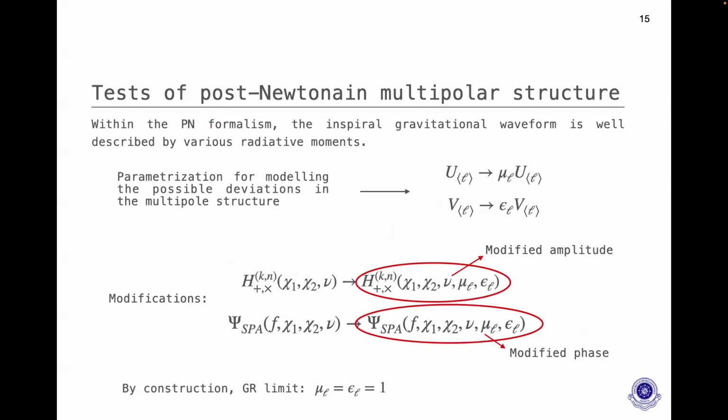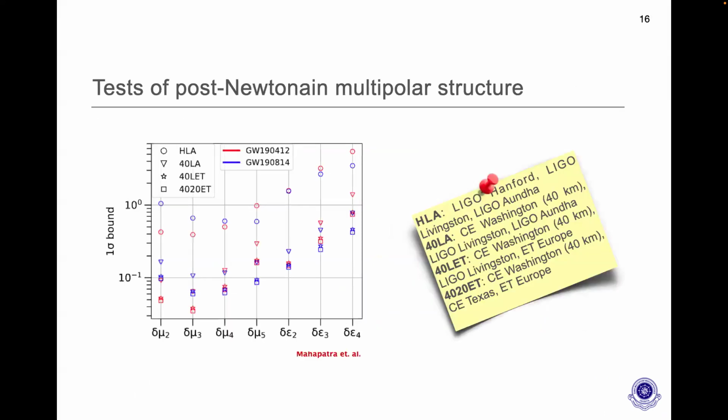So we recomputed the gravitational wave phasing till 3.5 PN as well as the amplitude. Then we took 2 simulated events, which are lookalikes of GW190412 and GW190814, and found bounds on these deviations for different multipole moments.